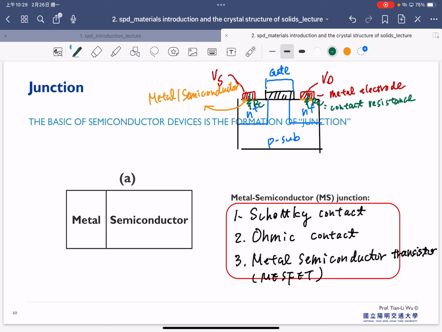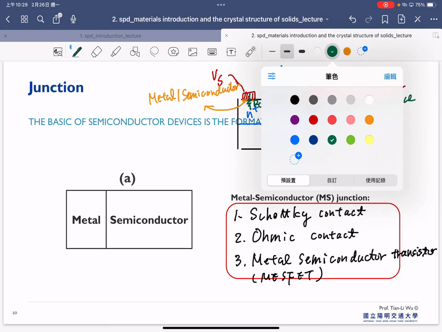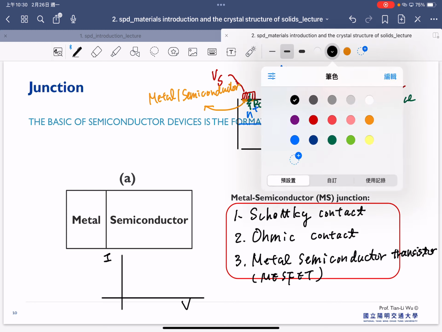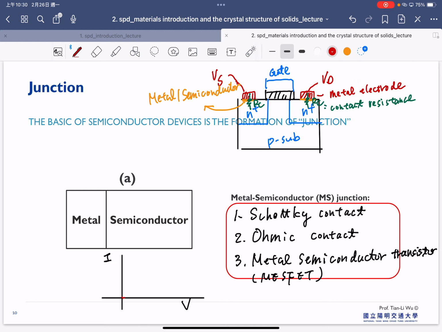They are generally related to the first one, called the Schottky contact. If we look at the IV characteristic, this is current versus voltage. The Schottky contact has a characteristic like here.